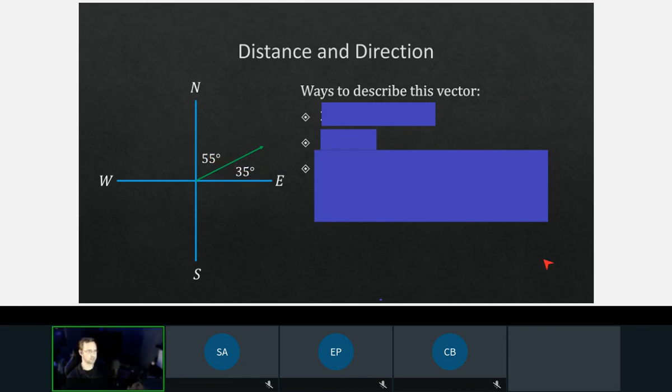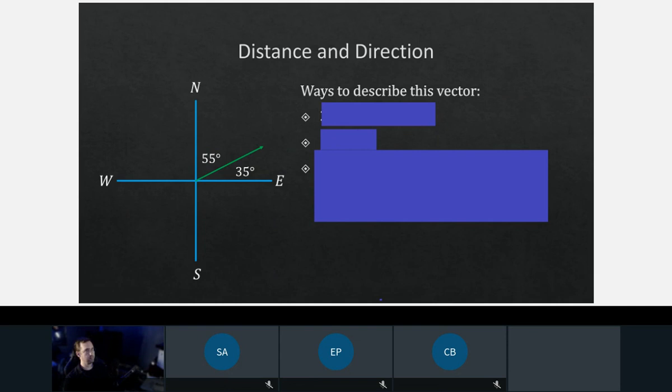Supplementary is when they add up to 180, I think. Okay, that's from geometry. So these angles complement each other, 90 degrees, 35, this has to be 55. All right, I want to make sure my labeling of my angles is clear.